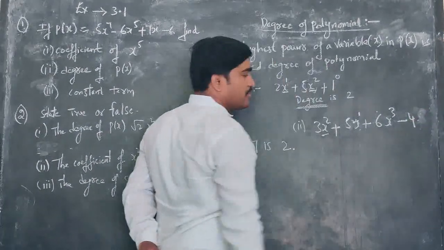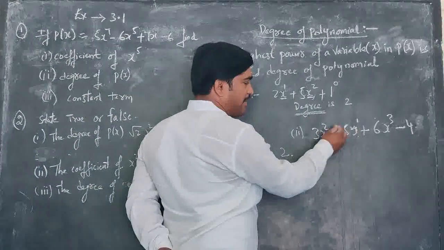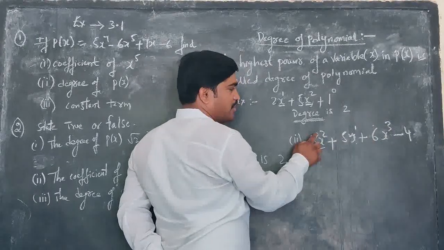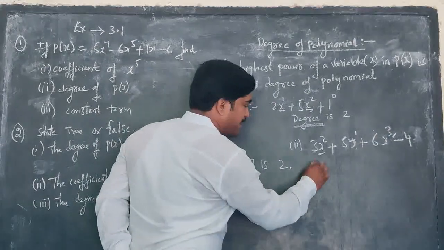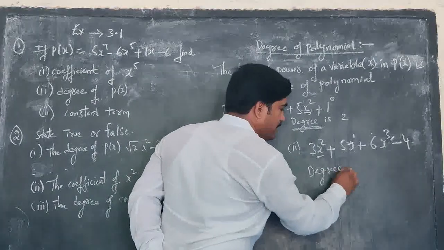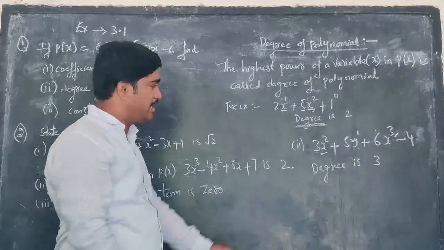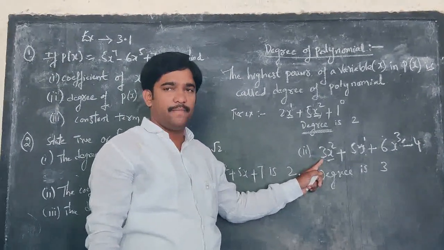So the last term is a constant. Now I will consider only the powers: 2, 1, 3. Among these 2, 1, 3, this 3 is the highest value. So I write here the degree is 3. Now I can say that this is a polynomial of third degree.